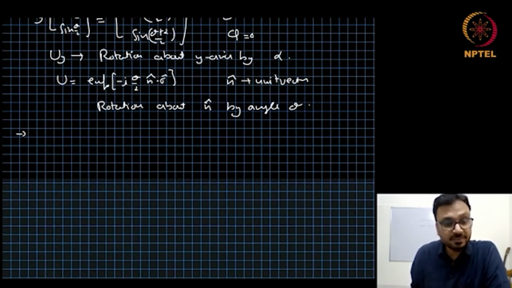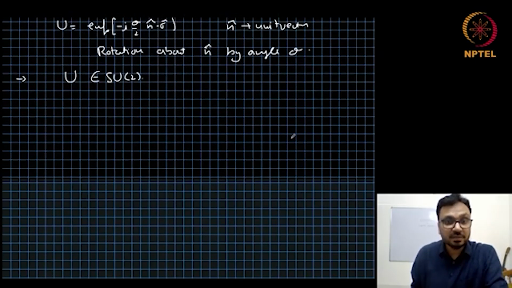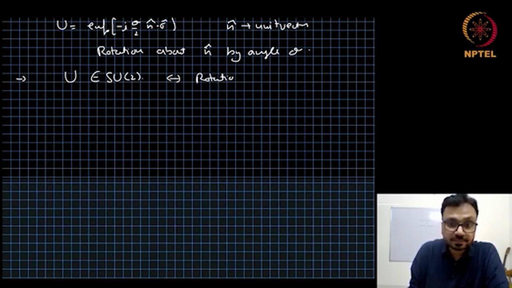So we can make a very general statement here: for a unitary matrix U, which belongs to special unitary 2 by 2, there is a corresponding rotation in R3.